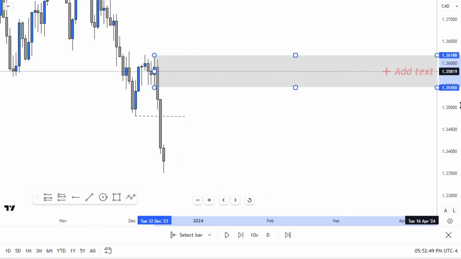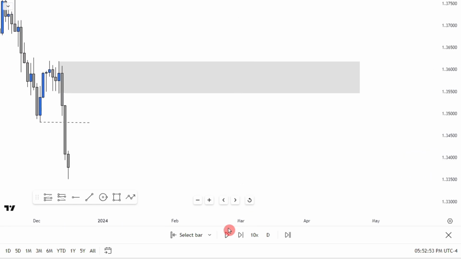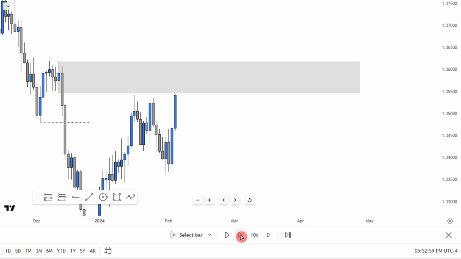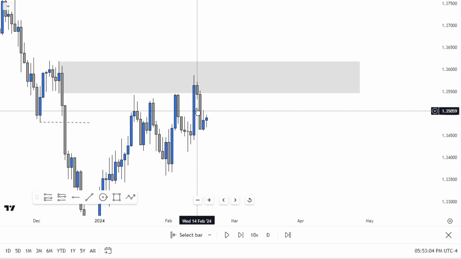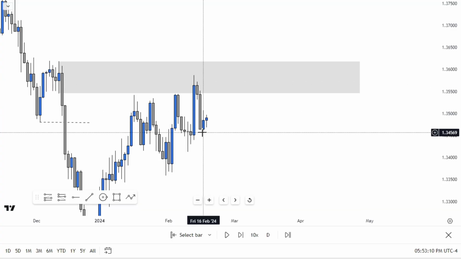Now let's extend the zone over and see how price plays out into this zone. As you see, price then returns back into this zone to then give a rejection to go downwards.